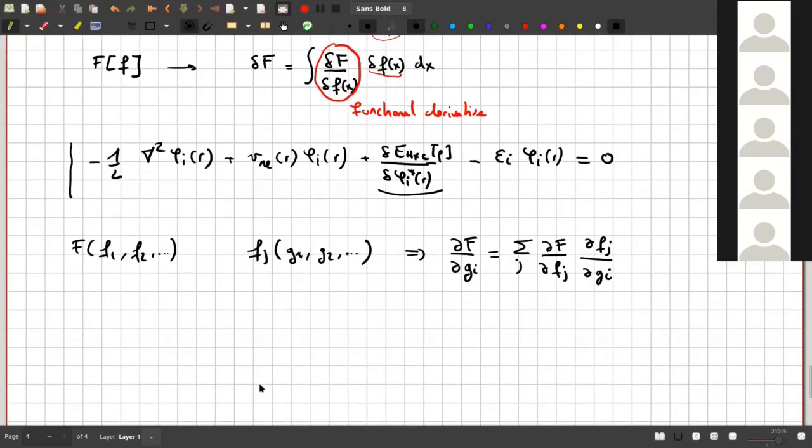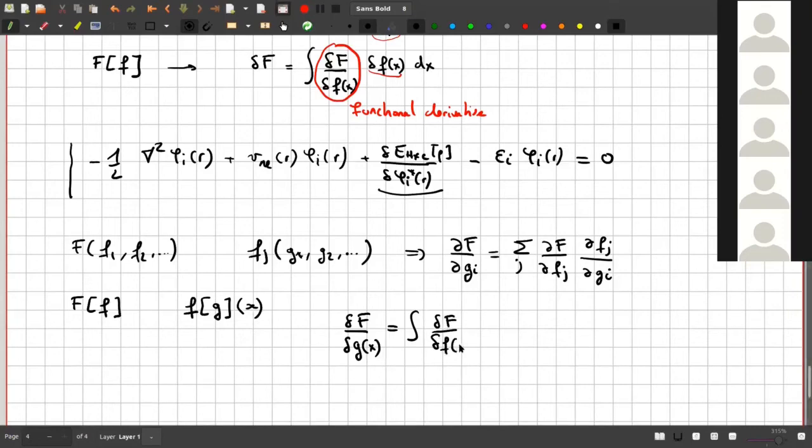Now we have an analogous expression for functionals. So if you have a functional F of a function small f, and if the function f is itself a functional of another function g, and it's also a function of x, then we have a similar expression if you want the functional derivative of F with respect to g of x. It is the functional derivative of F with respect to small f of x prime, and then the functional derivative of small f of x prime with respect to g of x, integrated over x prime.